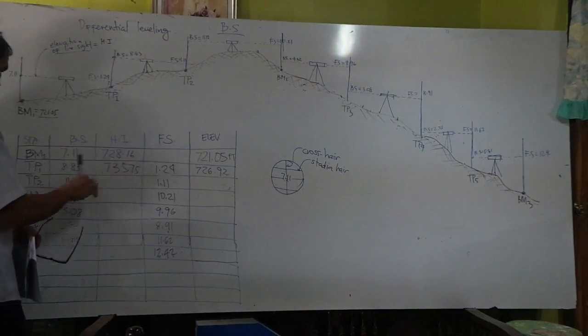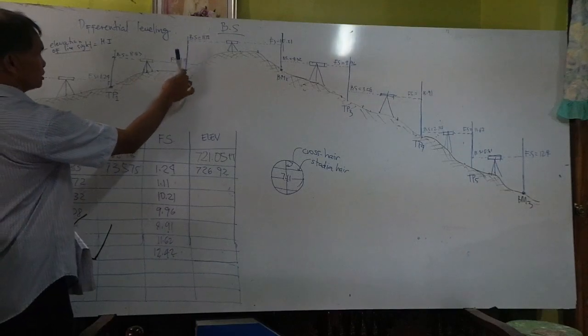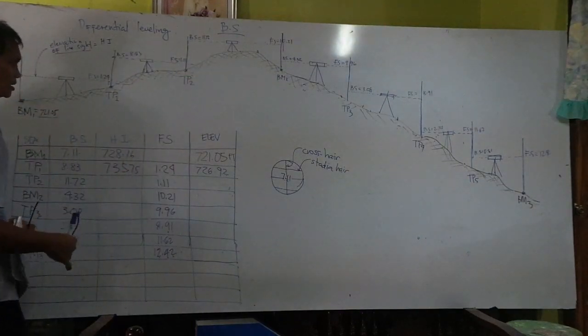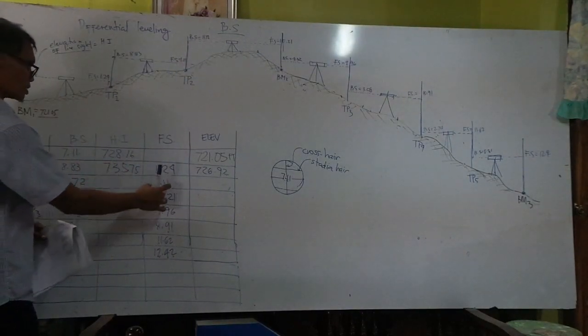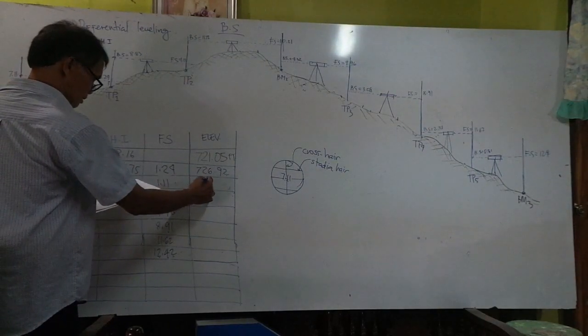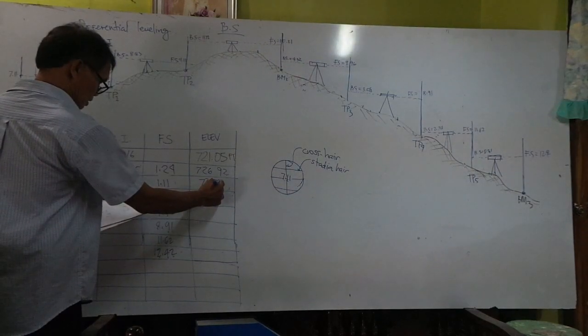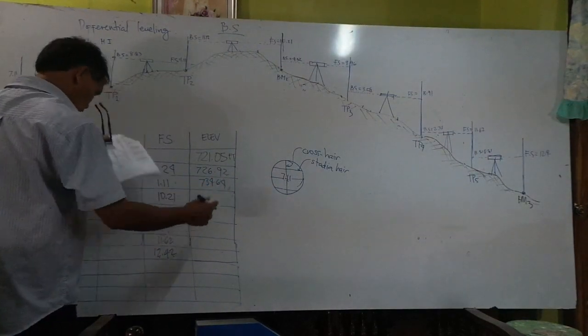Again, the elevation of turning point 2 is the height of the instrument minus the foresight, which is equivalent to 734.64. And so on and so forth.